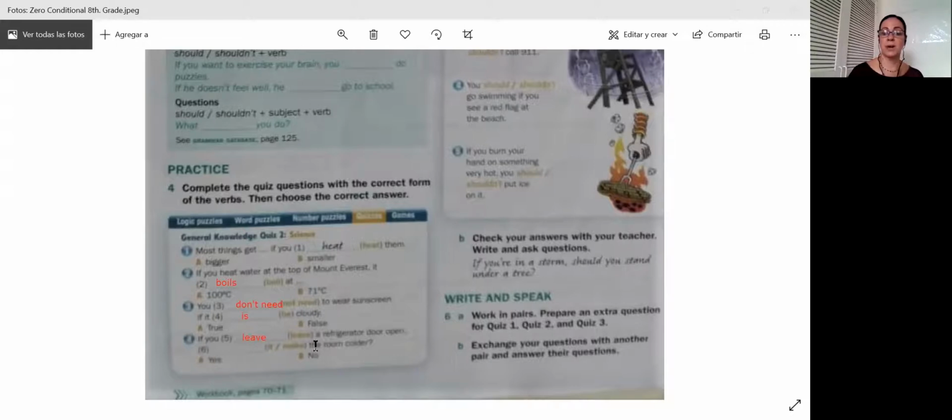If you leave a refrigerator door open, it, so it and the verb make will change, of course. It makes the room colder. Then you can answer your quiz now based on how you put the verbs.